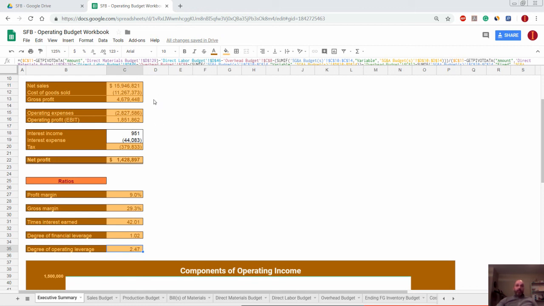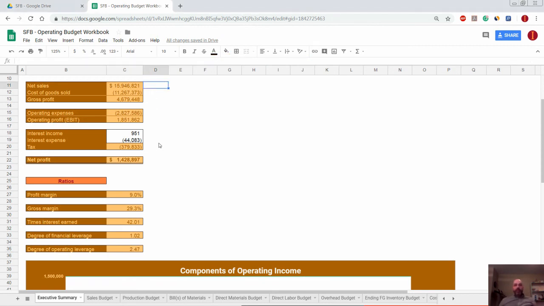It's leverage, so it amplifies. Sales go up 10%. Good. It's going to amplify how good that is, because it's going to increase your operating profit not 10%, but 24.7%. Huge jump in net profit then, right?